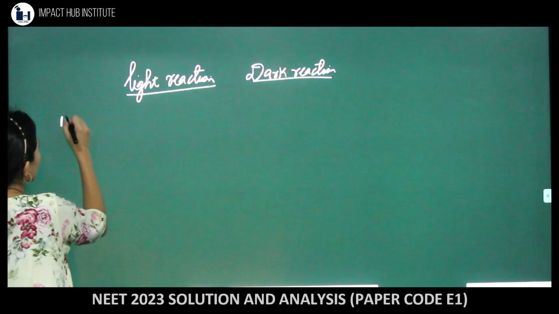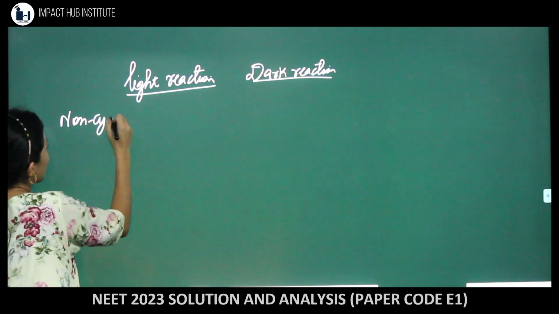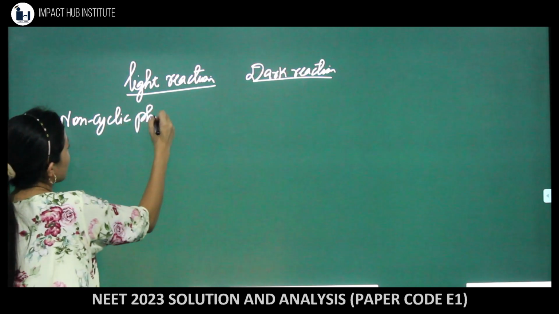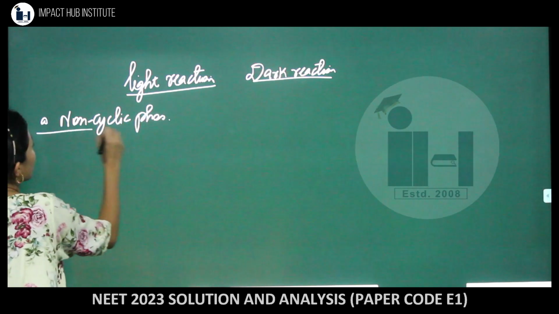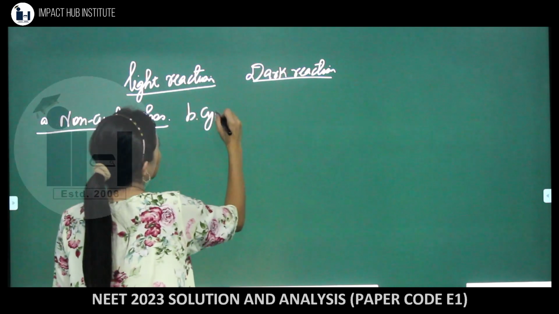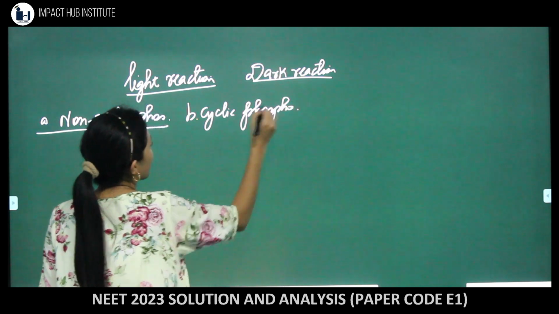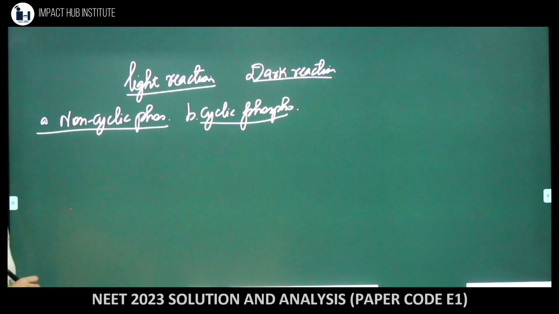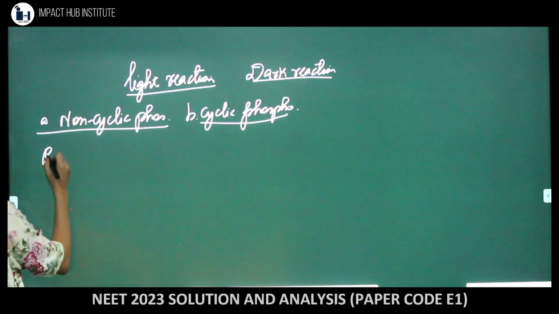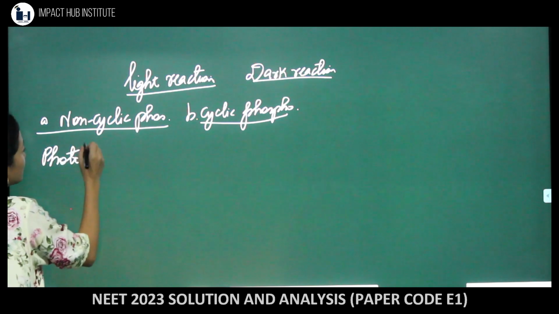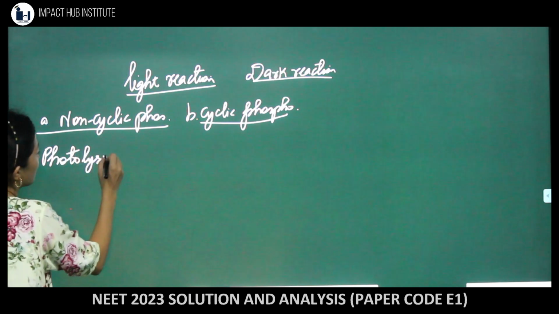In light reaction, we have 2 topics here, non-cyclic phosphorylation, and the other one is cyclic phosphorylation. The splitting of water, which we also call photolysis, occurs in the non-cyclic phosphorylation.